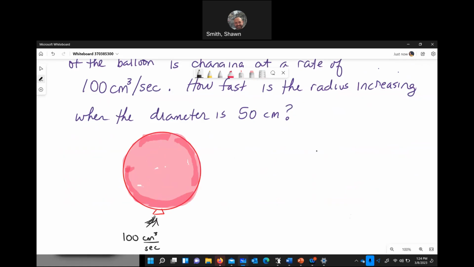So this right here, the volume is changing at a rate of 100 centimeters cubed per second. So this is the derivative of volume. I'll use this notation for now, dV over dt, right? That's given.